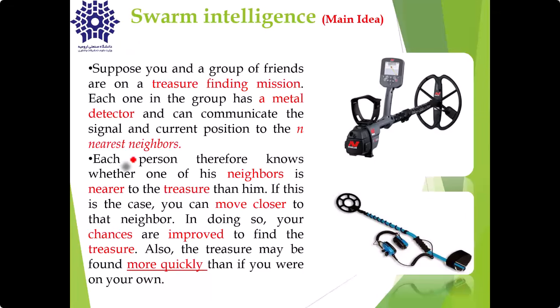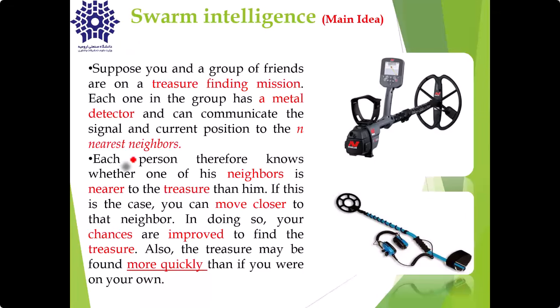By receiving the signals. When the metal detector detects gold or iron or anything, it sends signals. By receiving the signals, you know that there is a treasure in that location, and then you can move closer to that neighbor.